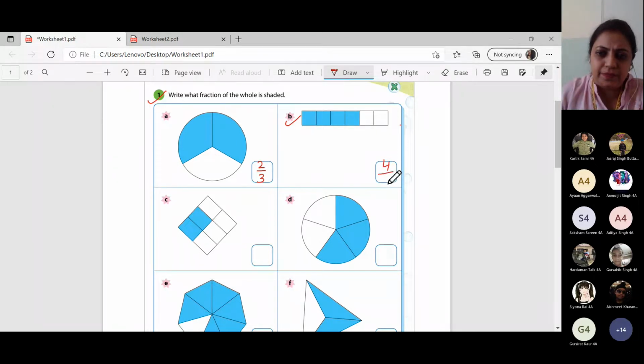Then 1, 2, 3, 4, 5, 6. 4 by 6, very good. Now, Mansirat will answer. Yes, ma'am. Tell me fraction for C part. 2 by 6. 2 by 6, very good.